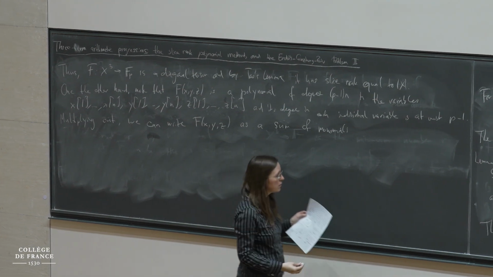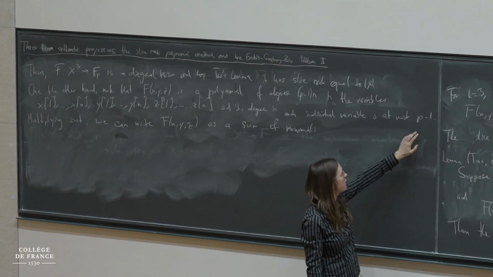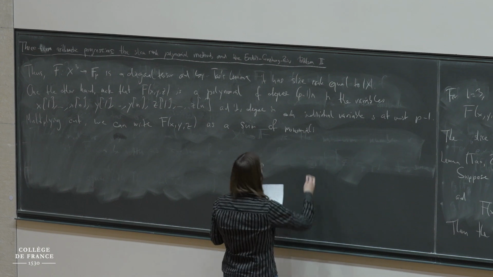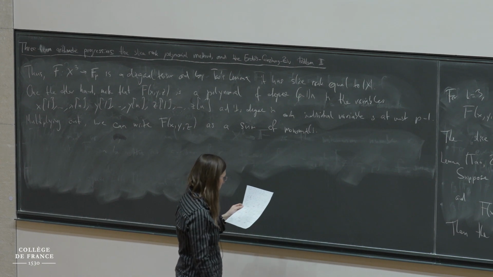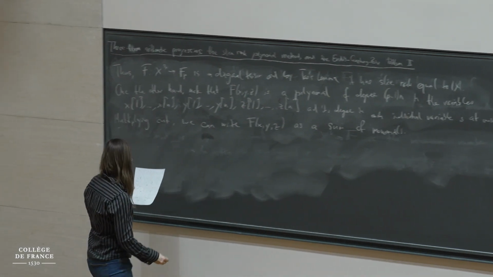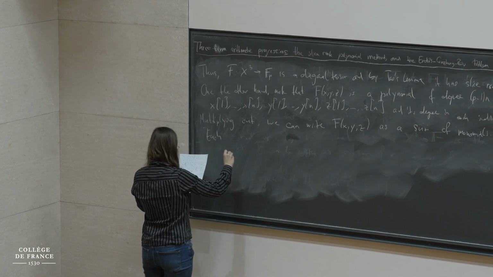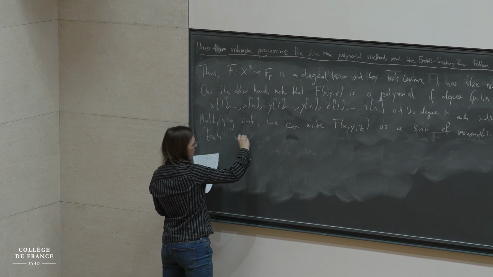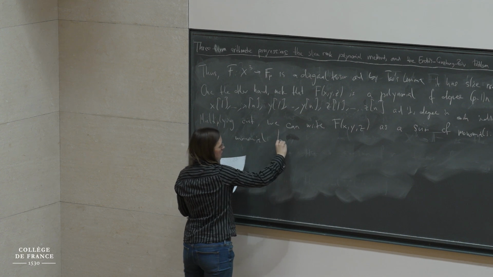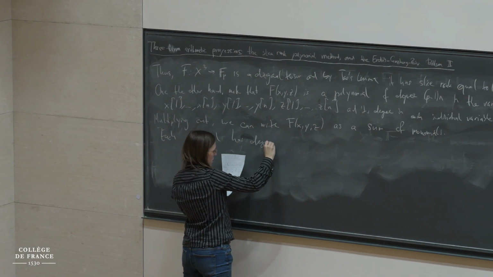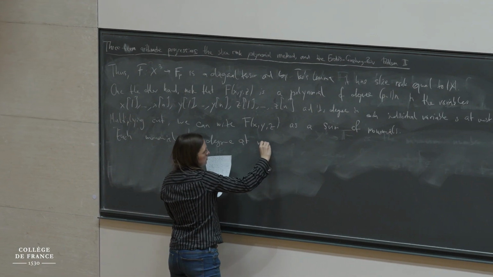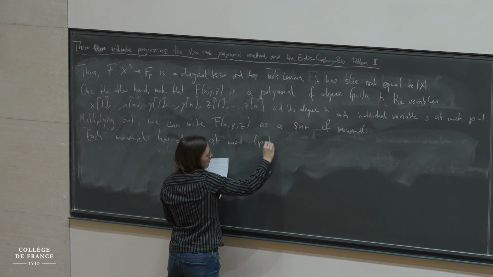And in every variable, every exponent in every variable is at most p minus 1. Okay, so let's write at least the first part. So each monomial has degree at most p minus 1 times n.